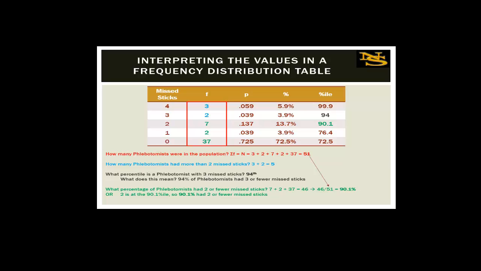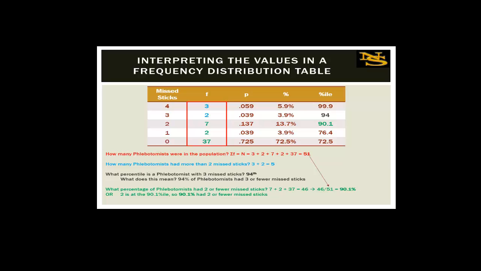Okay, so interpreting these values. Remember, it's all about making your data useful, being able to look at your data and answer questions with it. Frequency distribution tables are great for that. We already figured out how to find the population or the sample size. You add up all the frequencies here. So how many phlebotomists are in the population? Add those up. There's 51 of them.